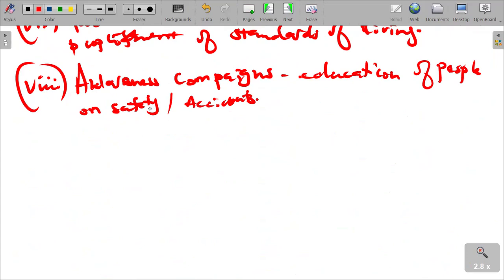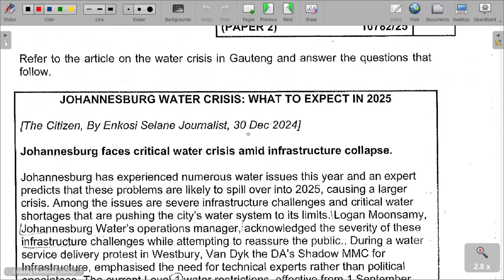These are strong government legislative policies which can deter and prevent people from entering into land that has not been approved. So all those are good answers that we can give.